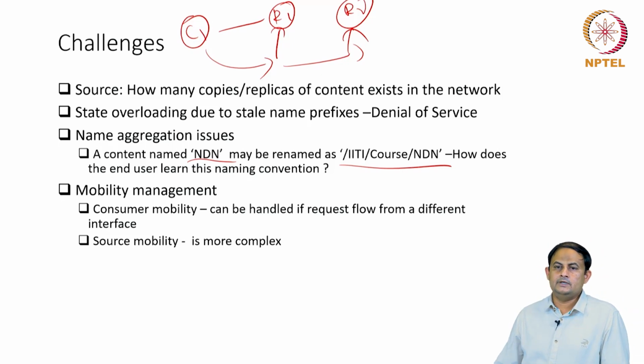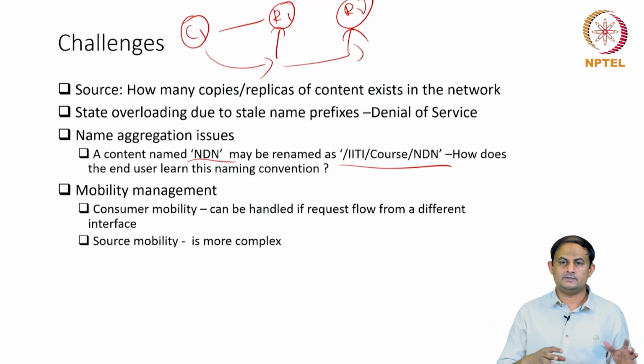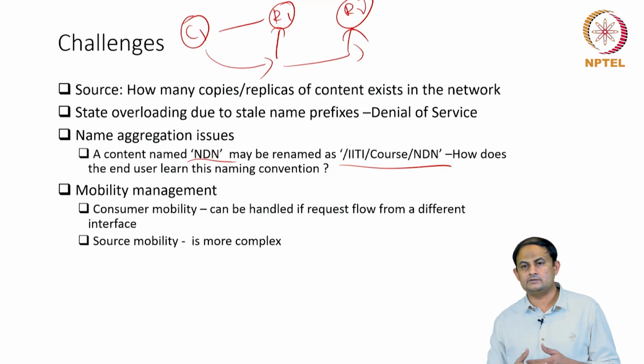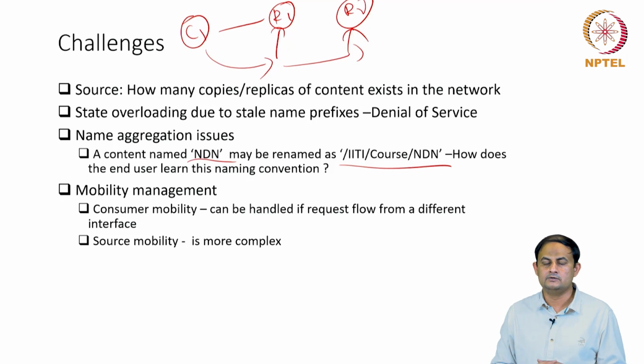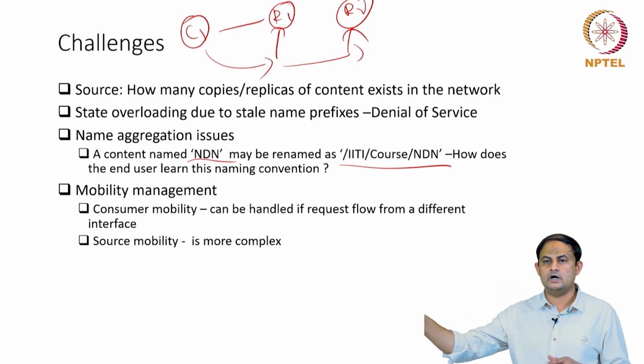But what if the content producer himself or herself is on the move? Somebody is doing a video or audio conference while moving, sitting inside a vehicle. Then the routers need to be dynamically made aware that he is now connected not to R10 but to R20.